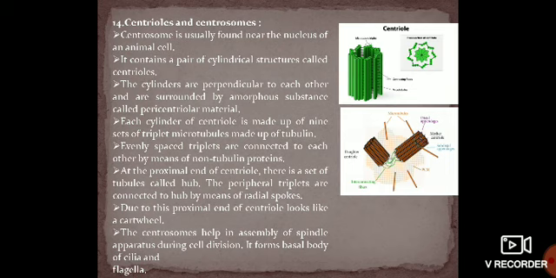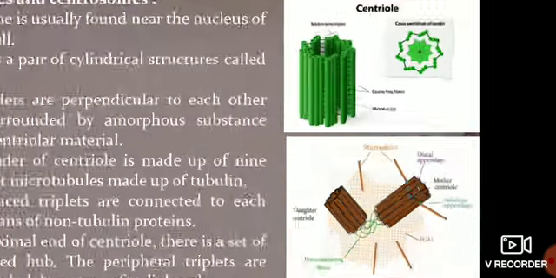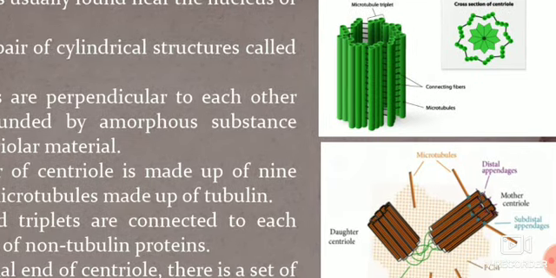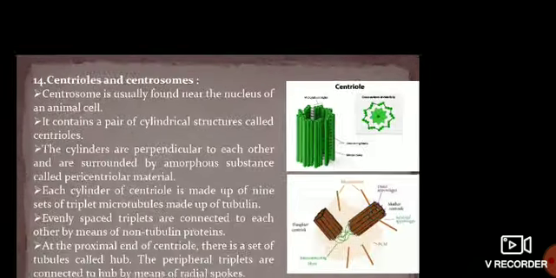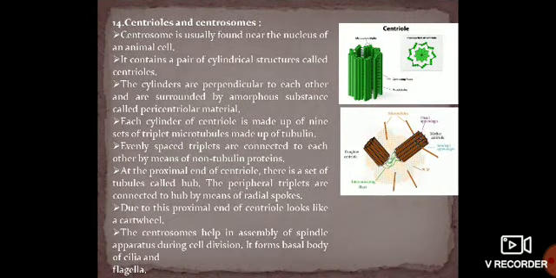Each cylinder of a centriole is made up of 9 triplets of microtubules made up of tubulin. If we elaborate, you can see the centriole has this triplet. The centriole is supposed to be the base for the formation of flagella and cilia as well.